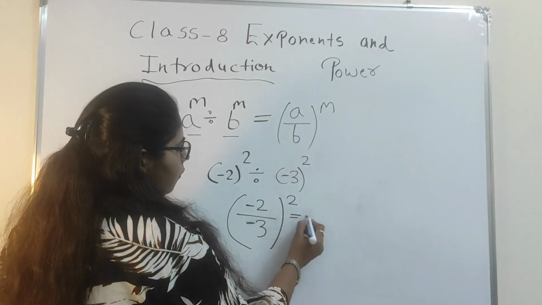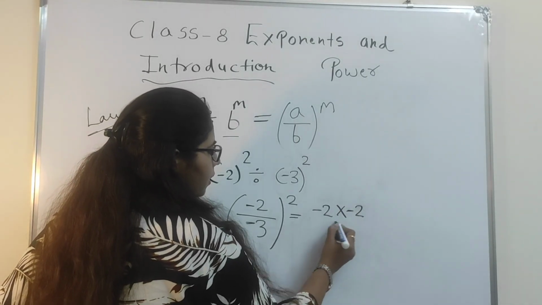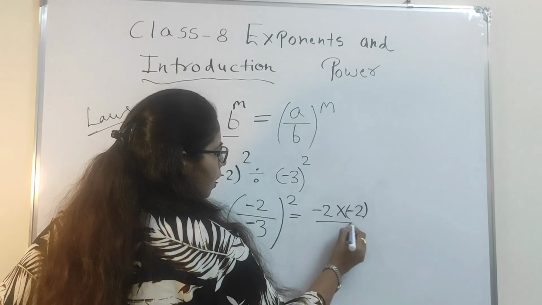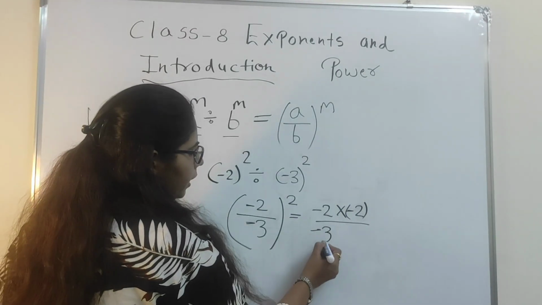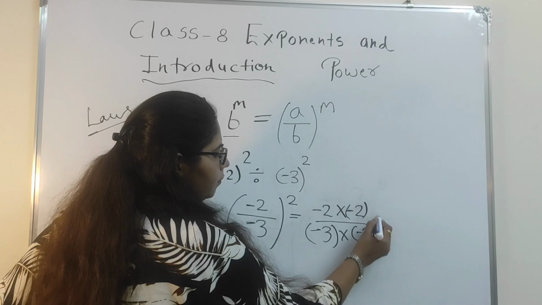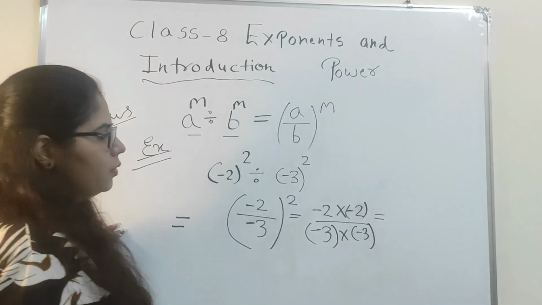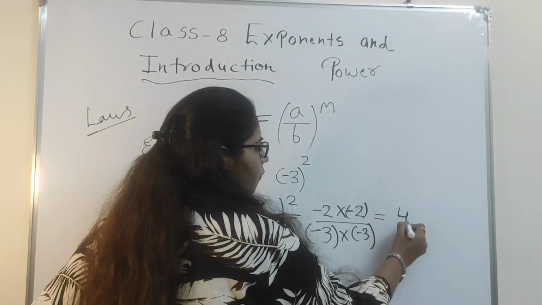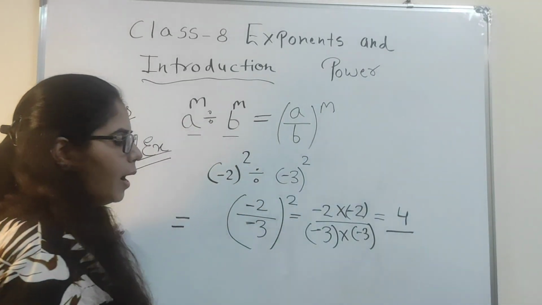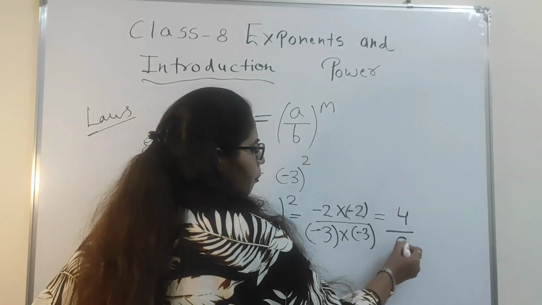So how will I solve it? Minus 2 multiplied with minus 2 upon negative 3 multiplying with negative 3. Now, minus 2 multiplied with minus 2 will give you positive 4 and minus 3 multiplied with minus 3 will give you positive 9.